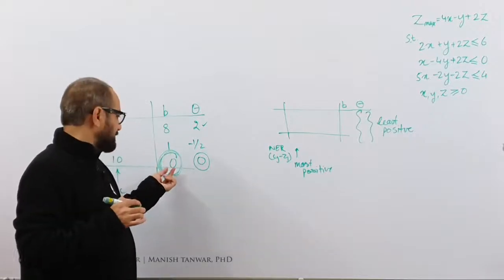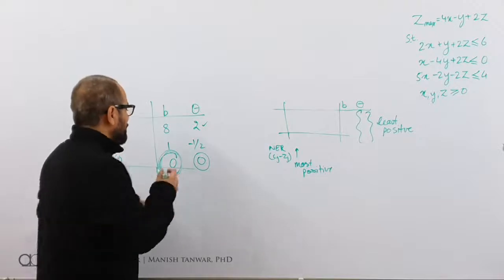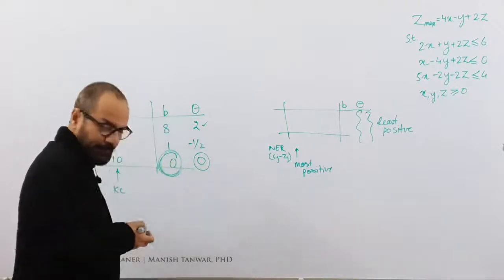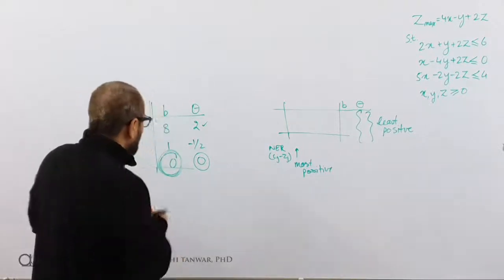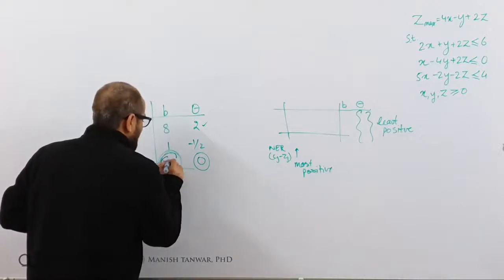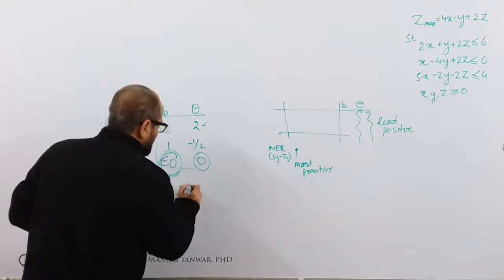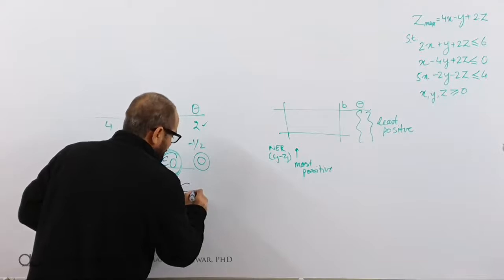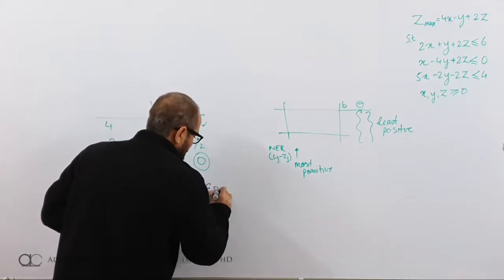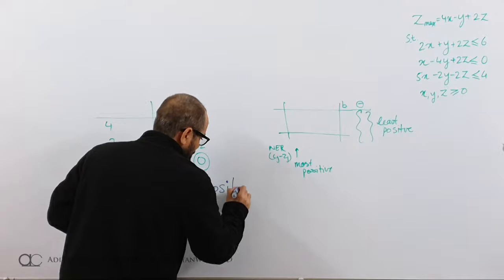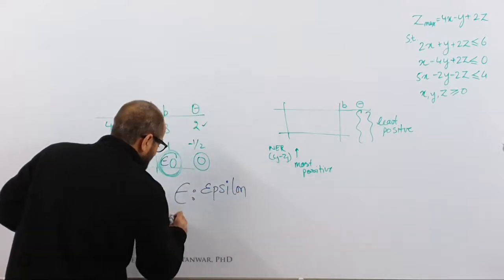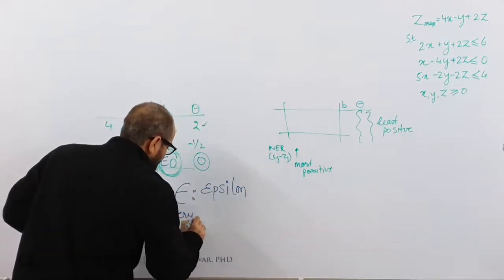What we do in such cases is, instead of 0, I'll assume this value to be epsilon. This is epsilon. What is epsilon? It is very small.